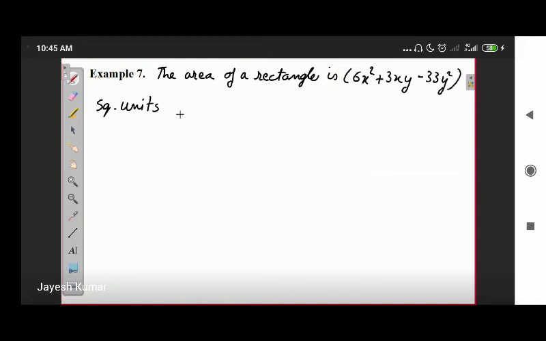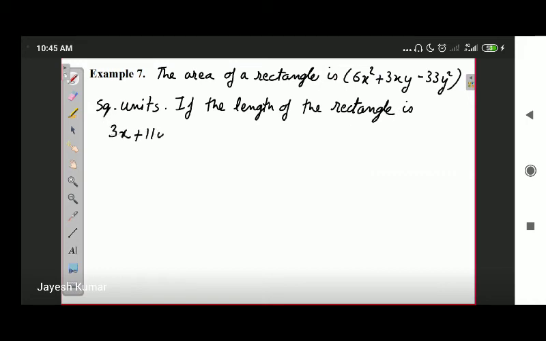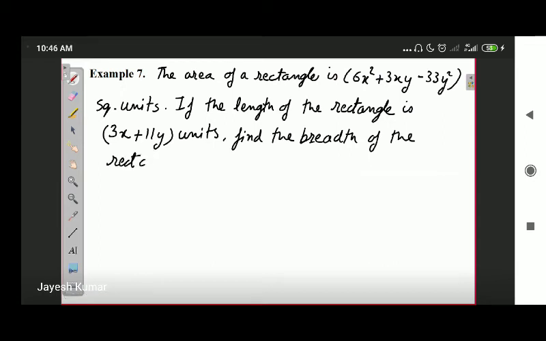Okay, if the length of the rectangle is 3x plus 11y units, find the breadth of the rectangle.